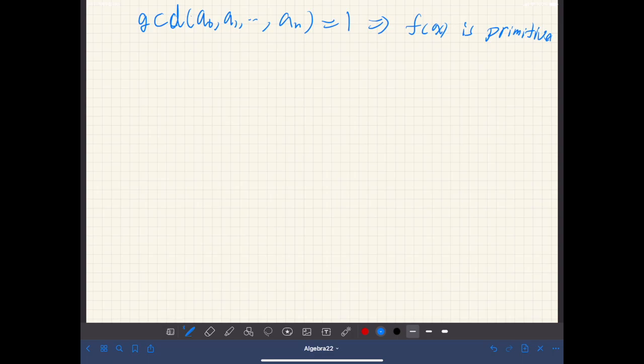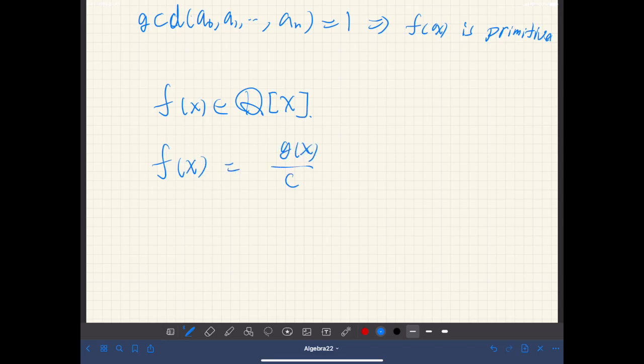As we have seen before, suppose f of x is a polynomial with rational coefficients, then we can write this as g of x over c, where g of x is a polynomial of integer coefficients and c is an integer.